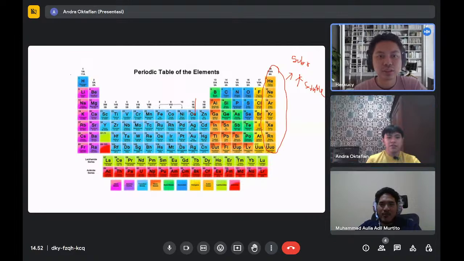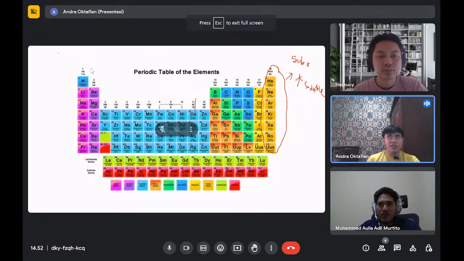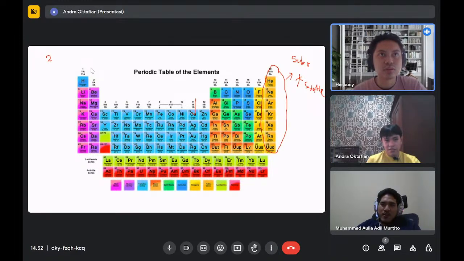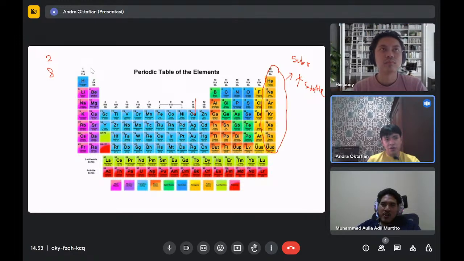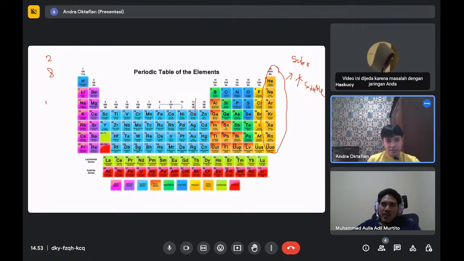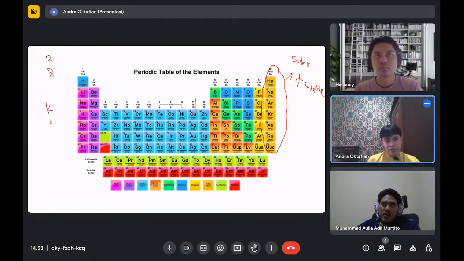If I'm not mistaken, the noble gas, the most ideal stable substance, should reach an electron number of either 2 or 8. Like potassium, you see, it has 1 electron only, since it's group 1A. So it should be like this to create the stabilization.